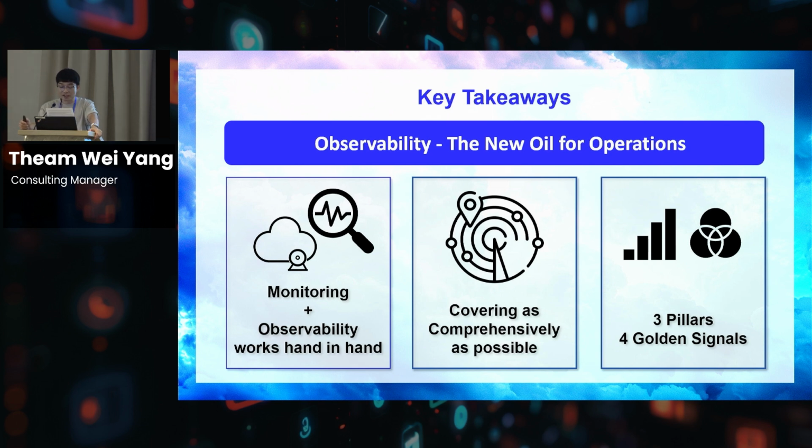Also, we want the coverage to be as comprehensive as possible, just like your insurance, where you have your life, your accidents, and your hospitalization to ensure full coverage. And then finally, the 3 pillars that I mentioned, the DID, and also the 4 golden signals. All right, so let's move to my demo now.